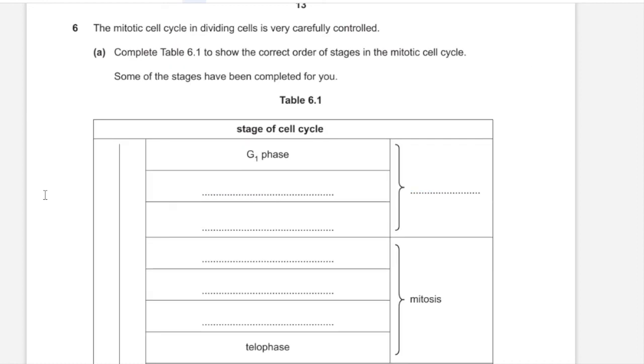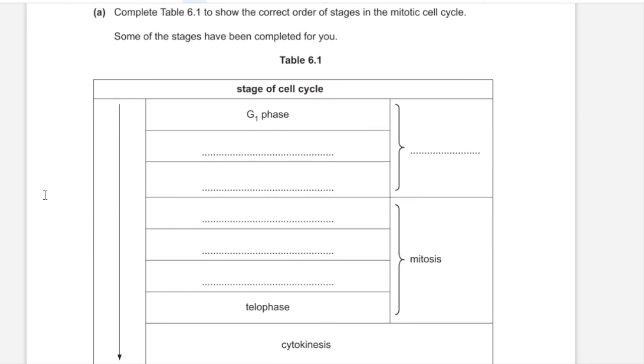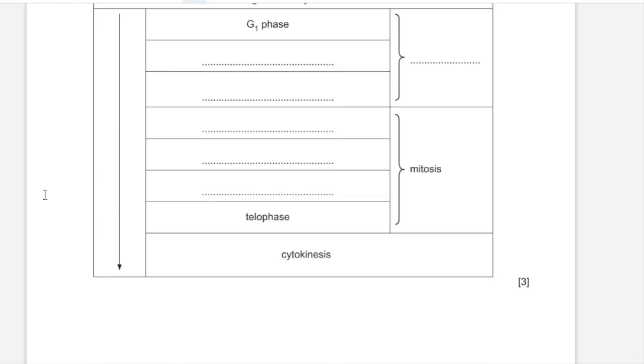6. The mitotic cell cycle in dividing cells is very carefully controlled. Complete table 6.1 to show the correct order of stages in the mitotic cell cycle. Some of the stages have been completed for you. So you have cytokinesis at the end, mitosis, and the stages before that.